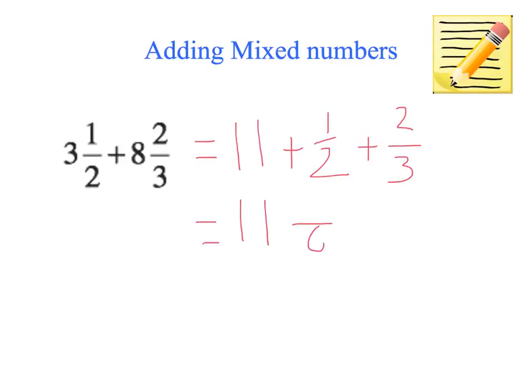So it's going to be a common denominator, whoops, of 6. So 2 times 3 is 6. So 1 times 3 is 3. 3 times 2 is 6. 2 times 2 is 4. And that will be 11 and 7 sixths.